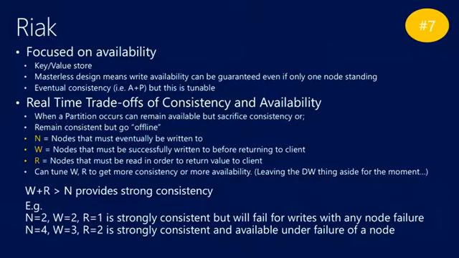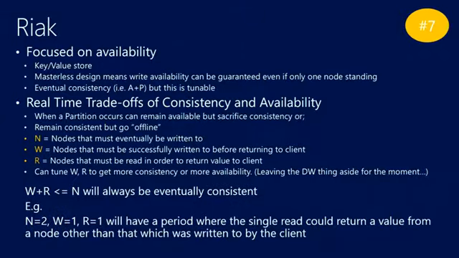If N equals 4, W equals 3, R equals 2, we must write to 3 nodes and get consistent reads back from 2 nodes. That means we're always reading the consistent copy of the data, but it can deal with a node failure. It's kind of nice how we can tune this to how we want it to work. I'm leaving aside the whole writes versus durable writes thing for the moment. We'll talk about durability in the next one.